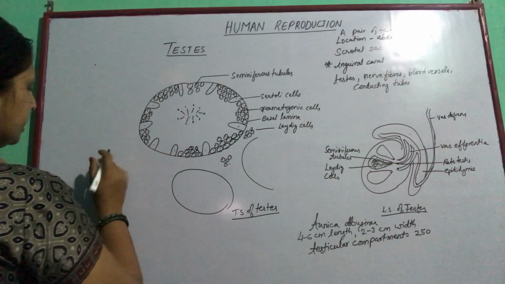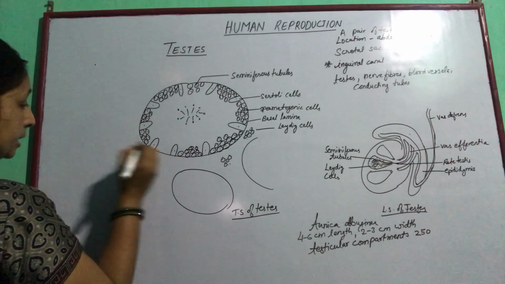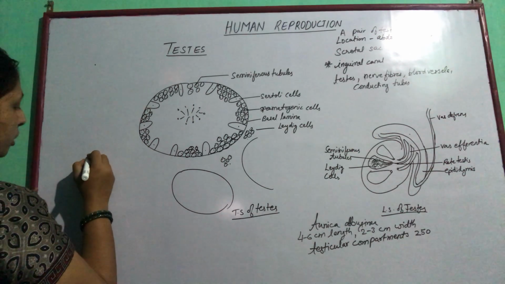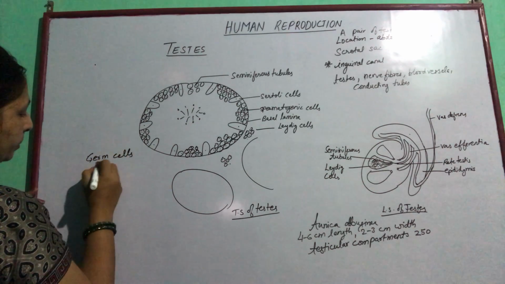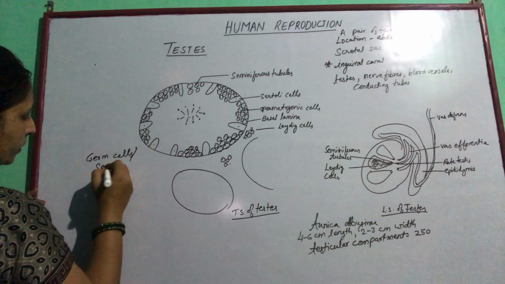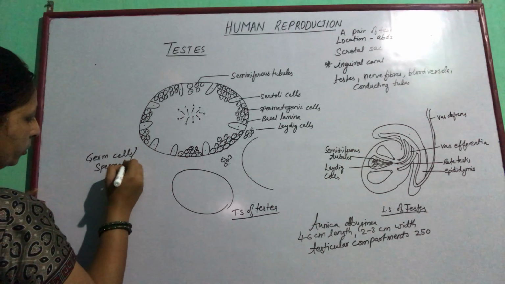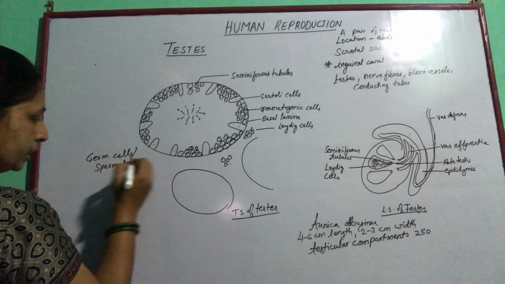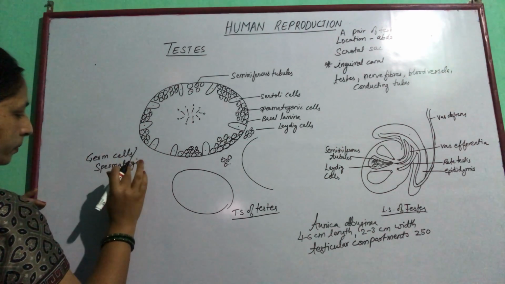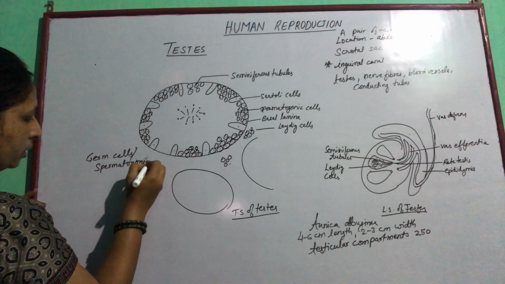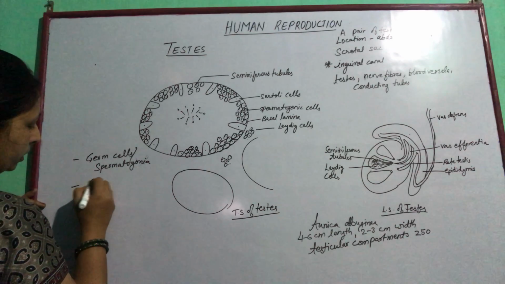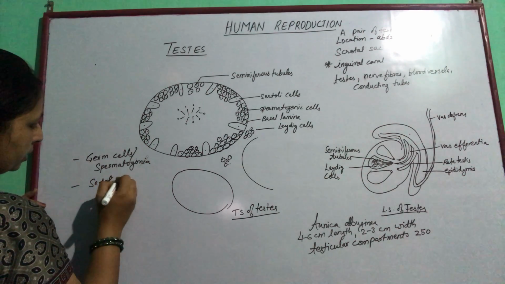The testis is formed of germ cells, or the spermatogonia, which release sperm, and Sertoli cells.